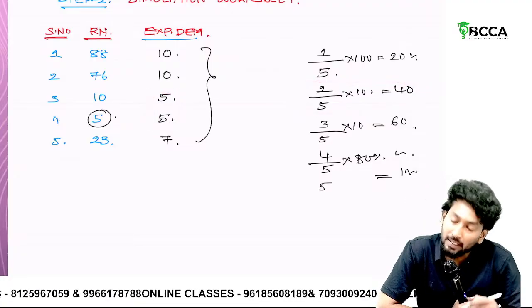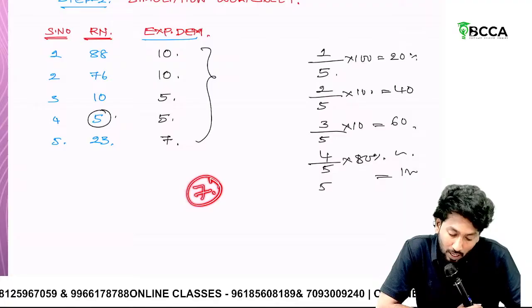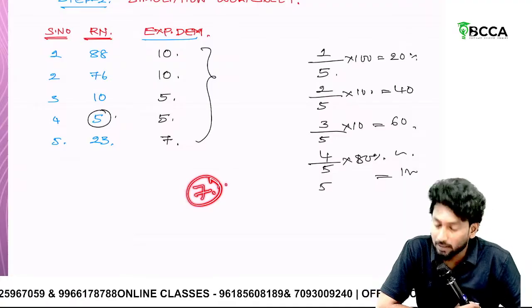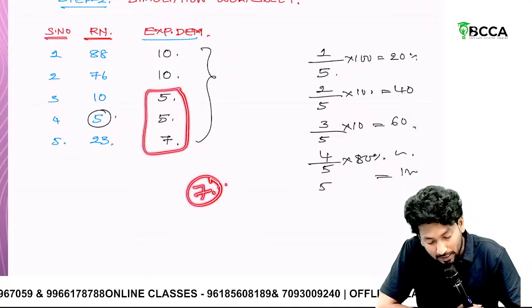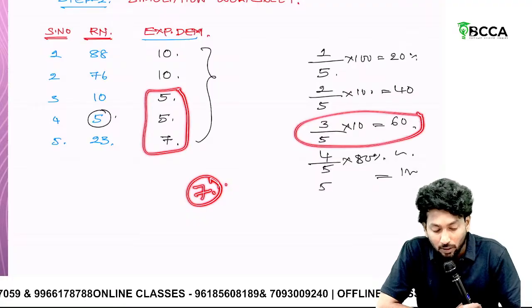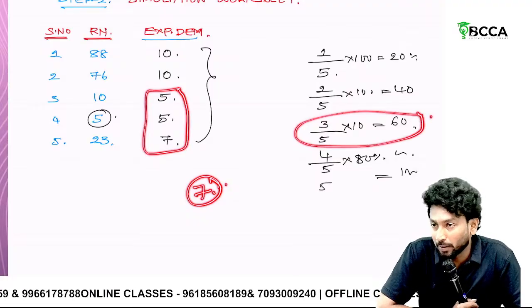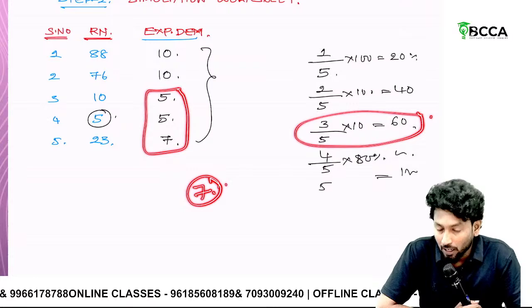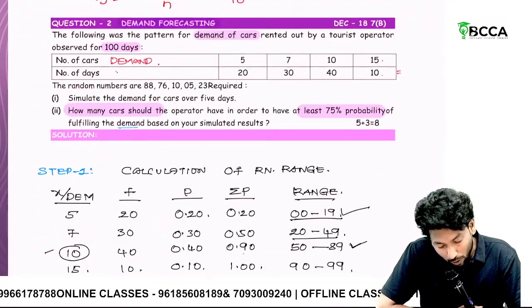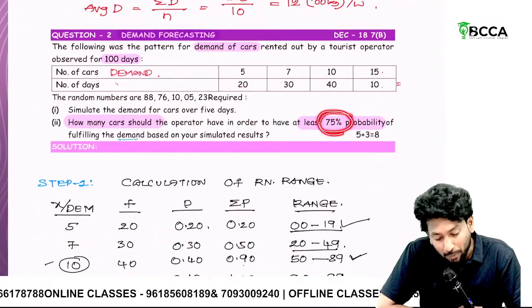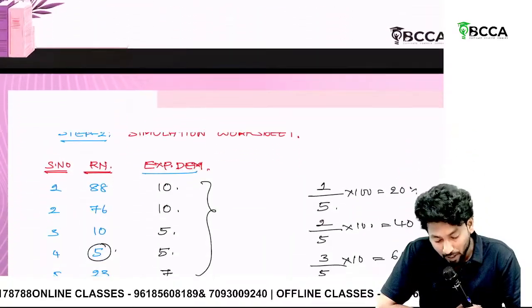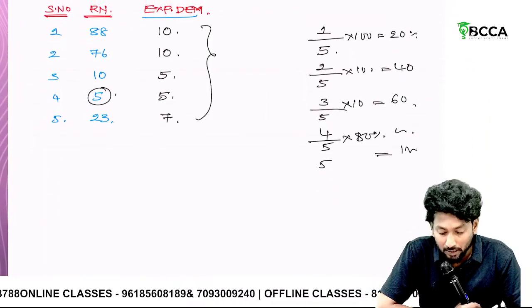If I maintain 7 cars in the store, how many days' demand can I satisfy, sir? 3 days' demand I can satisfy. 3 days' demand means 60% probability of satisfying the demand. Now, to have at least 75% probability of satisfying, how many cars do we need to maintain, sir?